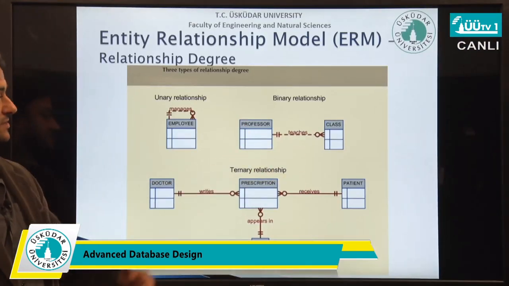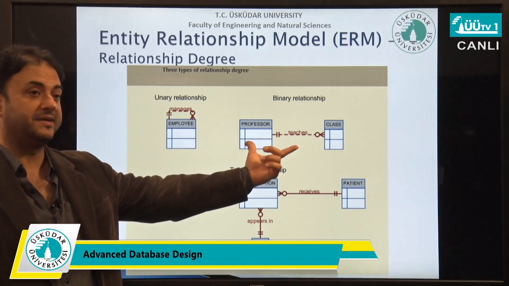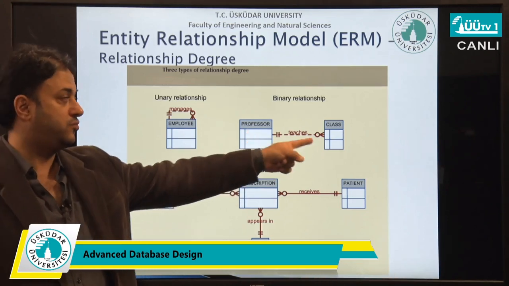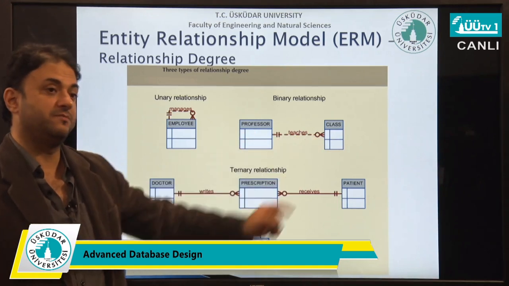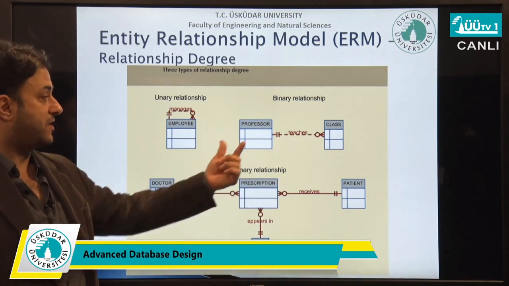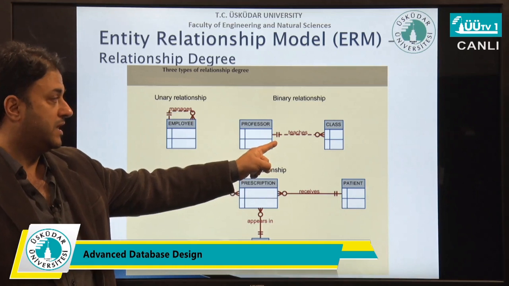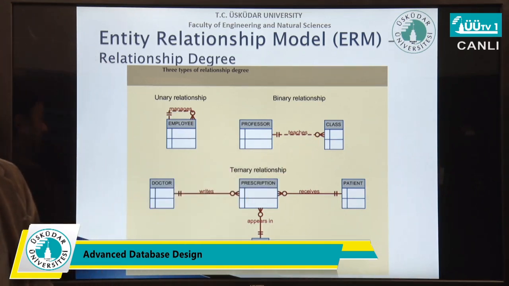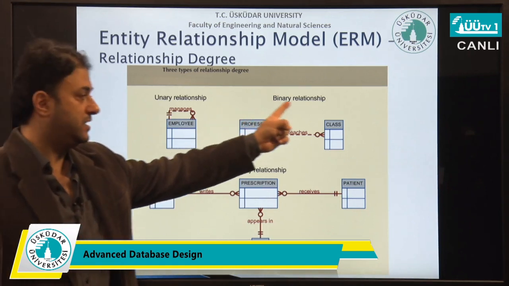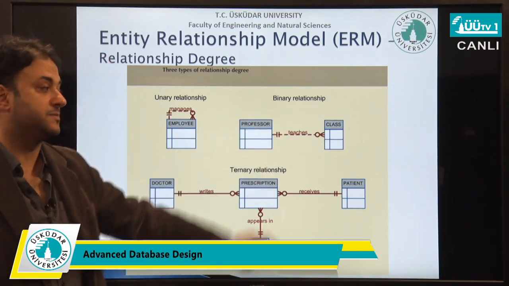This is a binary relationship. It's a 1-to-many relationship, and it's a weak relationship because this is a dashed line. The cardinality here is 1 and 1, and the cardinality here is 0 and n because this is all optional. Mostly you will find this in real-life databases.